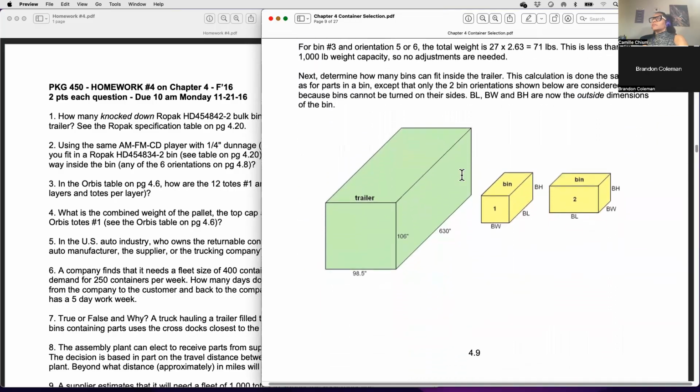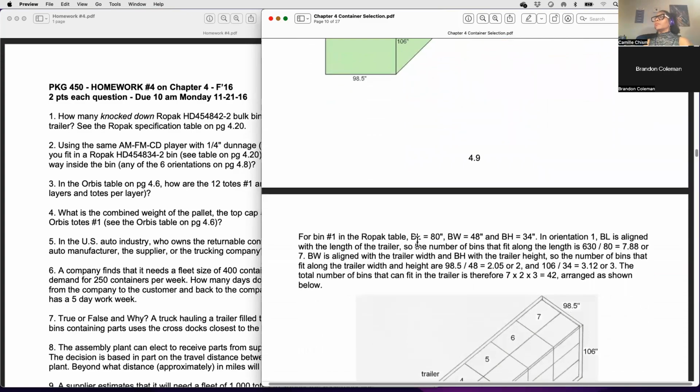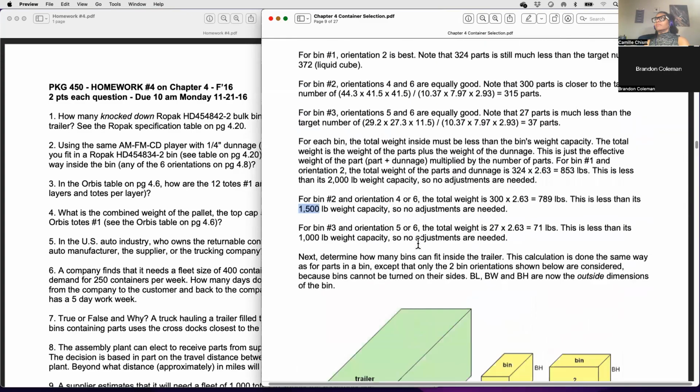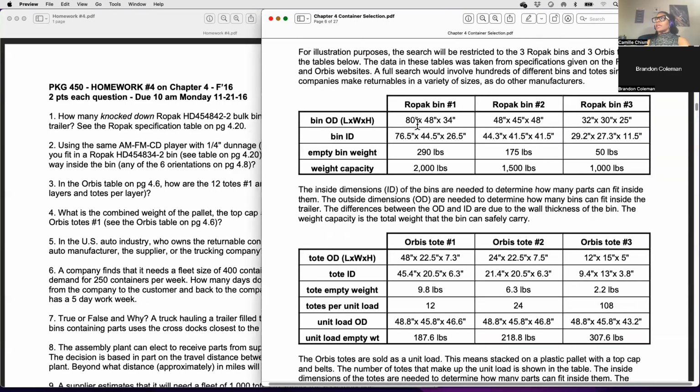And so that's what we're doing. That's why you see this. So you've got your dimensions of 98.5, 630 inches, and 106 inches, right? And then you're taking the outside dimensions of these bins. So your bin length is the 80. So again, we're back at the outside dimension of that bin, which is 80.